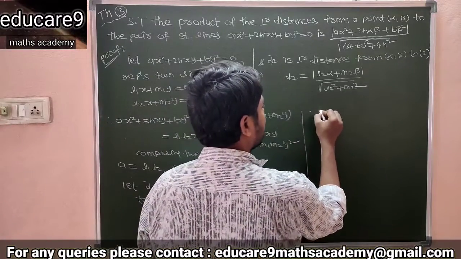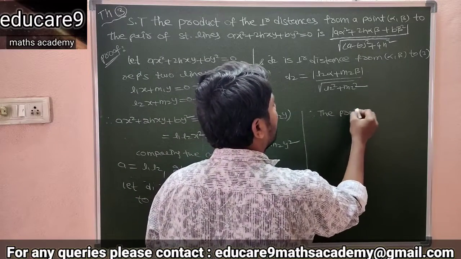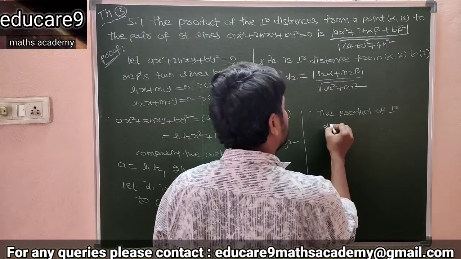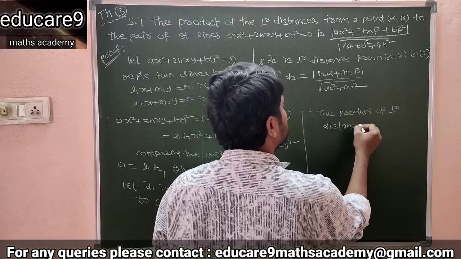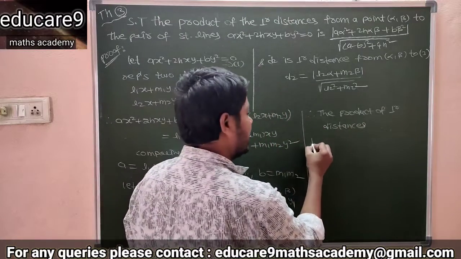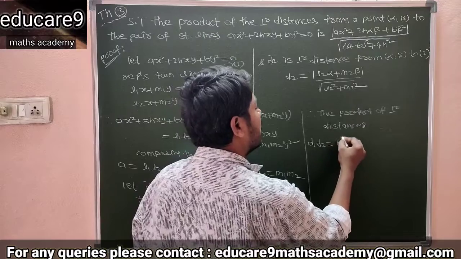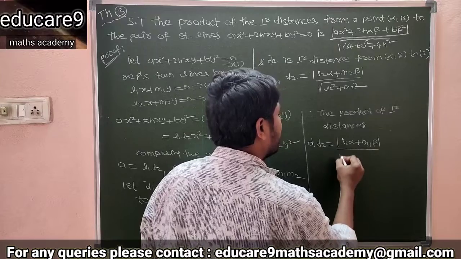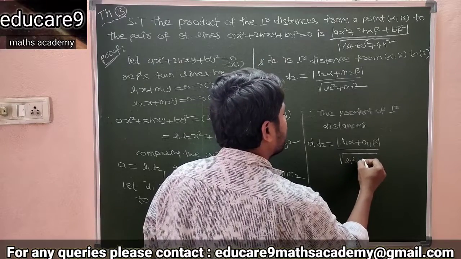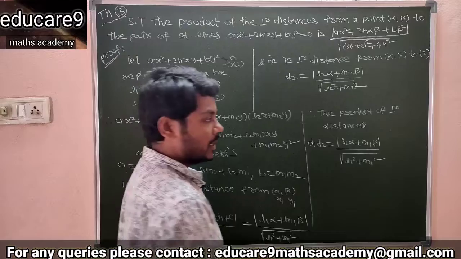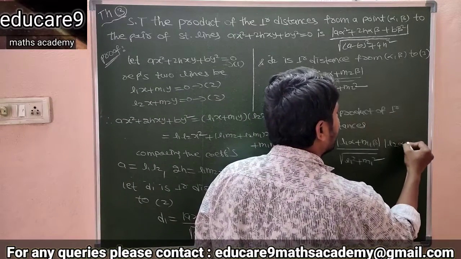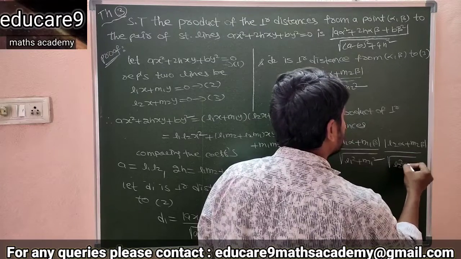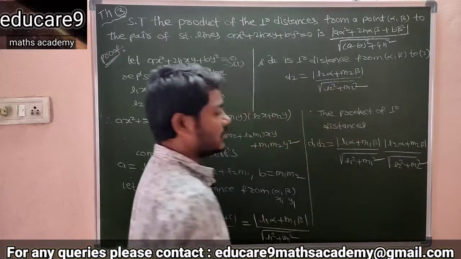So D1 D2 equals modulus of L1 alpha plus M1 beta divided by square root of L1 square plus M1 square, into L2 alpha plus M2 beta divided by square root of L2 square plus M2 square.